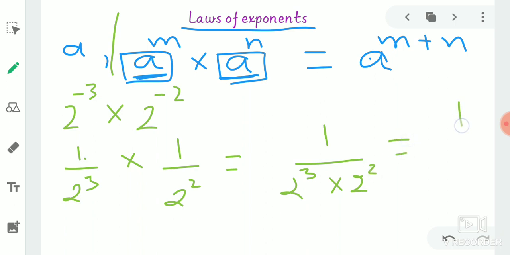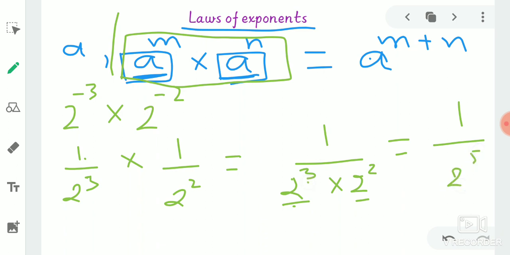Now we will see 1 divided by, here it is the same, a raised to power m multiplied by a raised to power n. Bases are the same and powers should be added, meaning 2 raised to power 3 plus 2 is 5. Or I can write it as 2 raised to power minus 5.